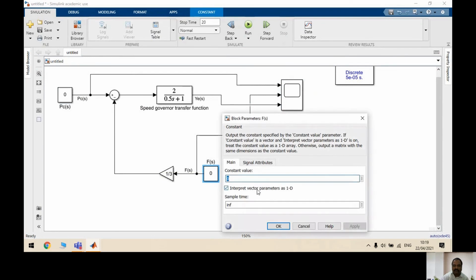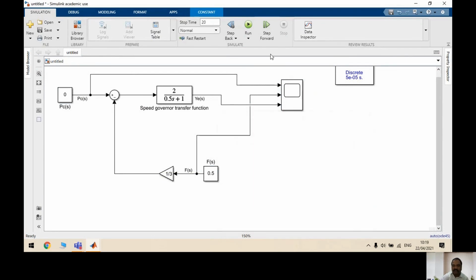Now let's see what is the change if I take a 50% change in frequency. If there is a 50% increase in the frequency, it means that the speed has increased, right? If the speed has increased, it means demand has decreased.